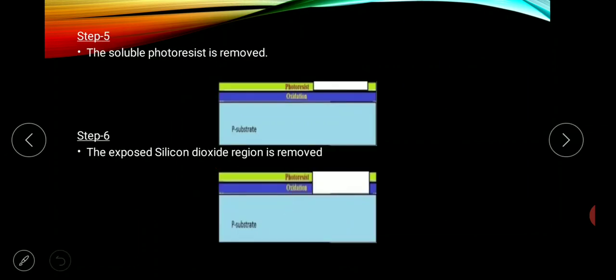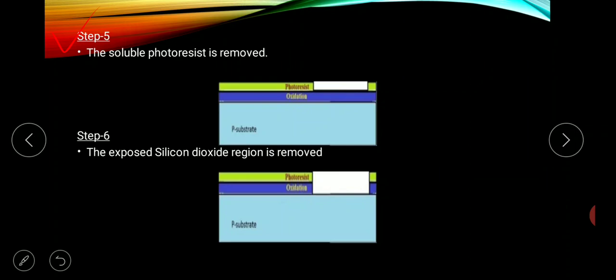Step 5. The soluble photoresist is removed. After the application of UV rays, as we use positive photoresist, it becomes soluble. Then we remove that soluble photoresist using some solvent or chemical. That process is known as etching.